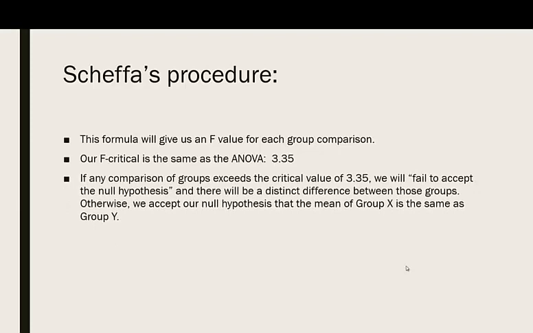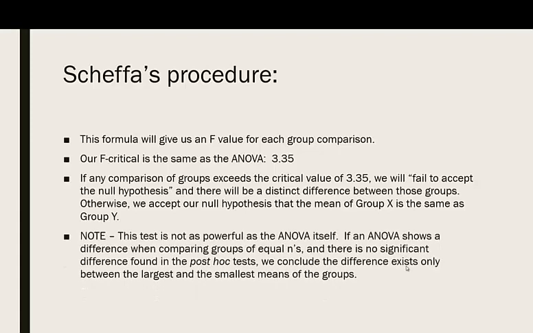If any comparison of the groups exceeds the critical value of 3.35, then we reject our null hypothesis and we say there's a distinct difference between those groups. Otherwise, we accept our null hypothesis and say there is no difference, that group X is the same as group Y. Note one thing here. This test, the Scheffé test and the numerous other tests, are not as powerful as the ANOVA itself.